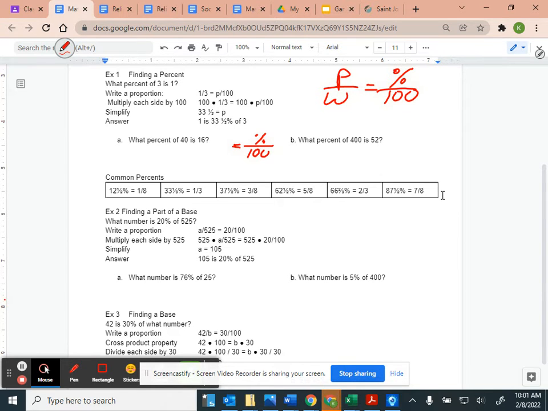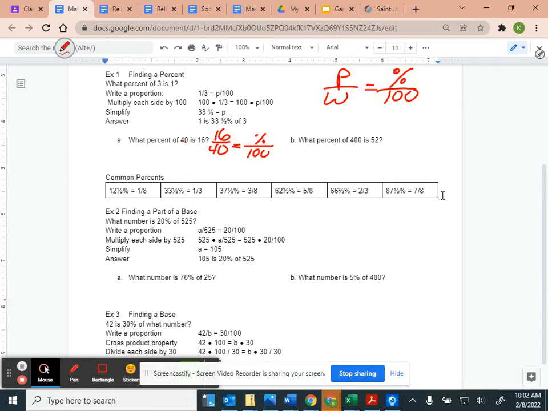What percent of 40? So 40 is our whole number. Is 16. 16 is that part of it. So we're just filling the pieces into that formula. So our proportion is 16/40ths.